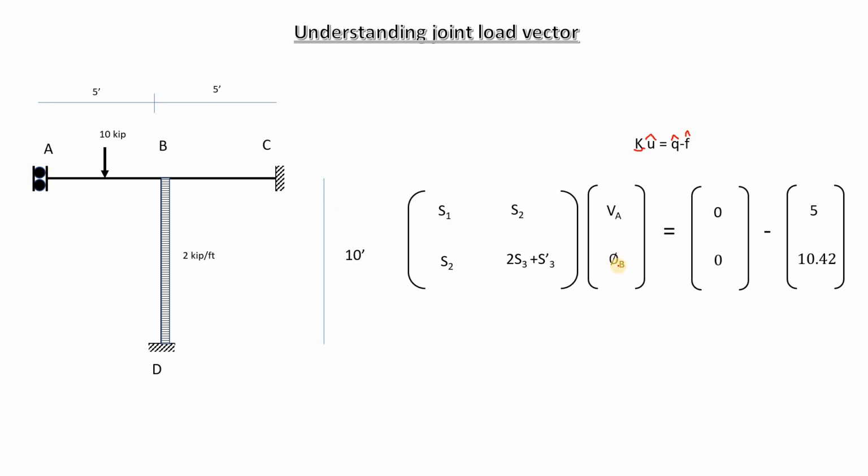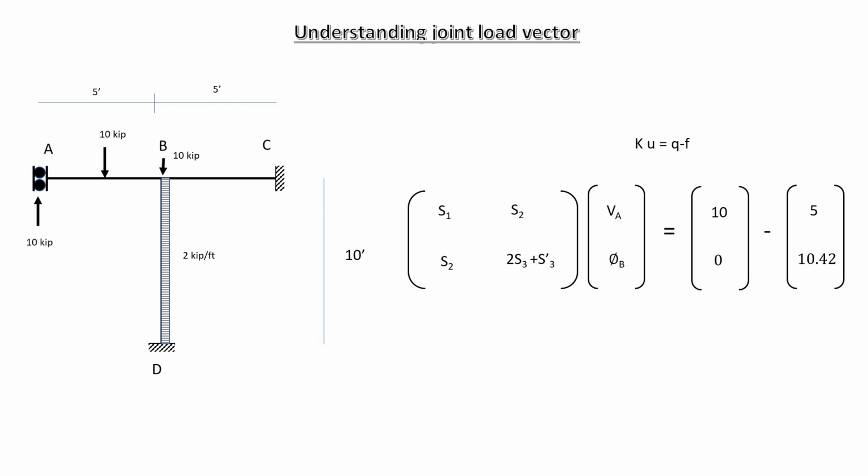One is VA, another one is theta B. VA is the vertical displacement unknown at point A, and theta B is the rotational unknown at point B. So in this case, there is no joint force at A and no joint moment at B, so the values of the Q vector are 0. But what would happen if we change this condition? Let's take a look.